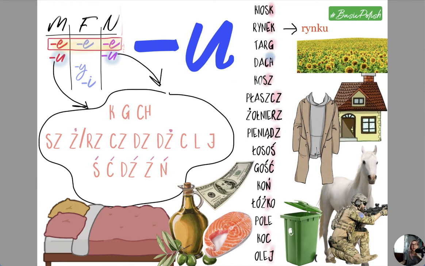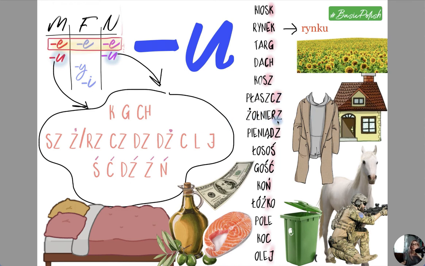Dach is a word for a roof in Polish. Dach, so dachu. Kosz, koszu, and kosz is a bin. Płaszcz is a coat, so płaszcz, płaszczu.